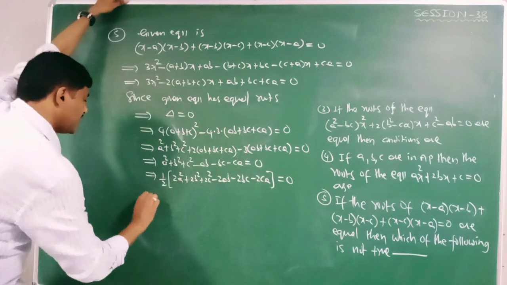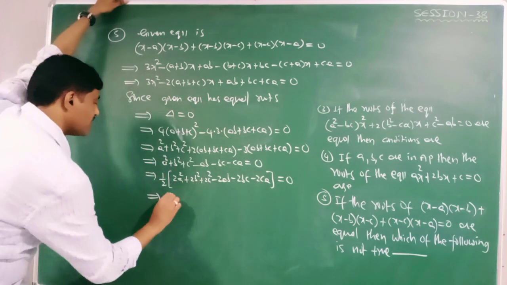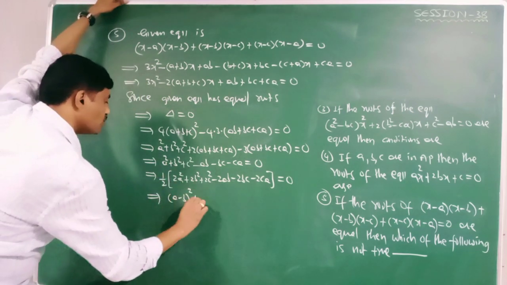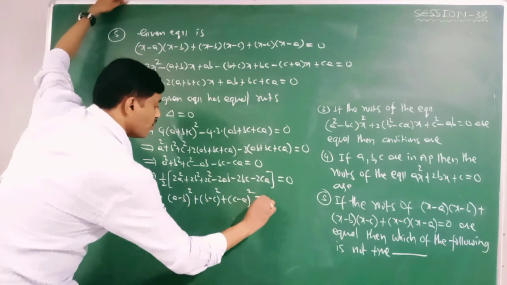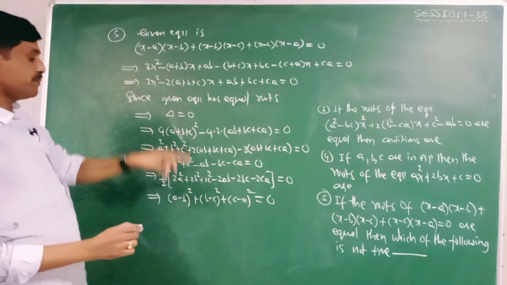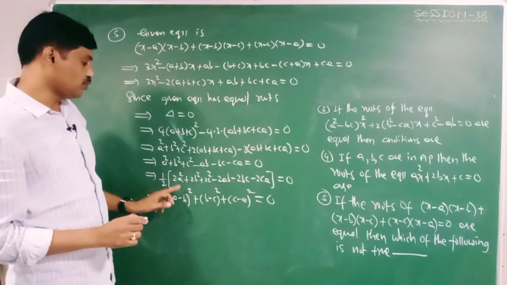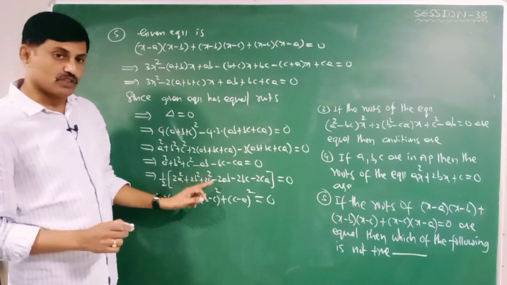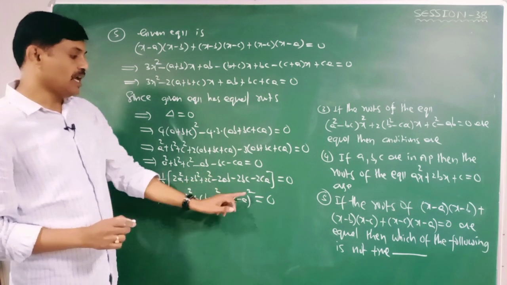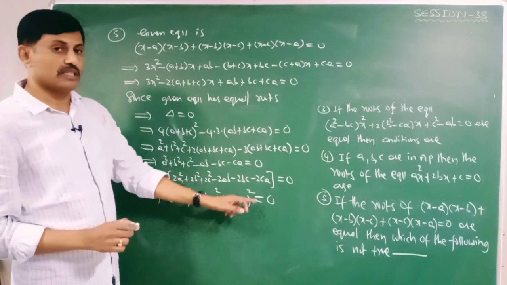Sending the half to the other side, I will write (a minus b) whole square plus (b minus c) whole square plus (c minus a) whole square is equal to 0. Once you expand, we are getting 2a square, 2b square, 2c square minus 2ab minus 2bc minus 2ca is equal to 0.